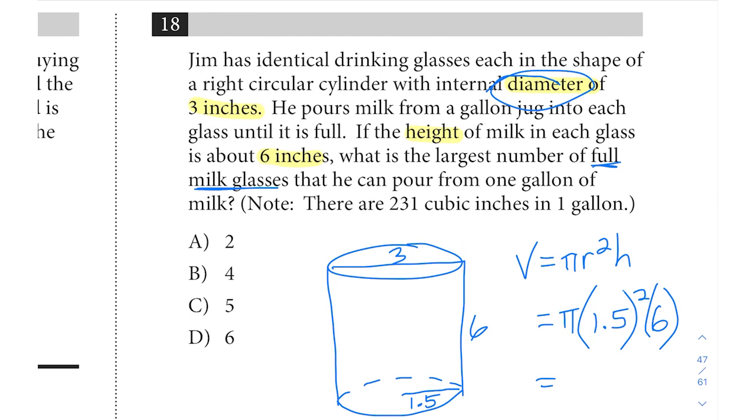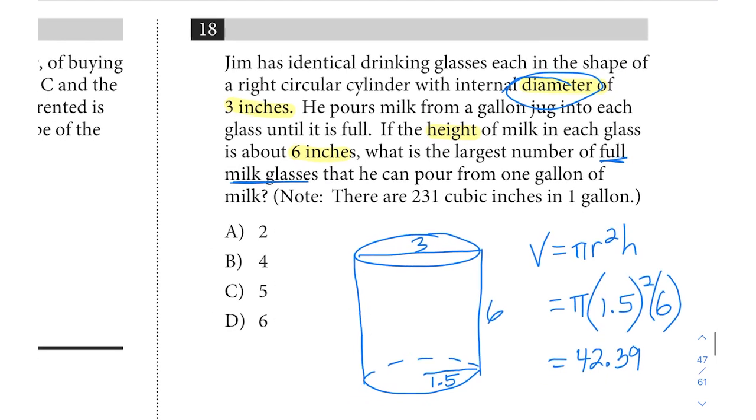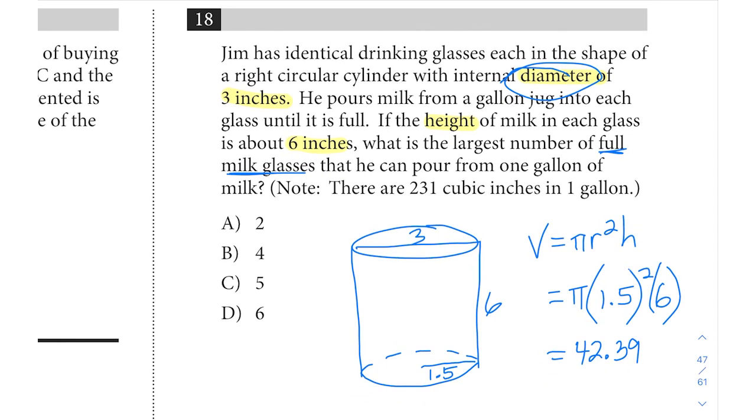When you multiply that out times pi, it comes out to a little bit of a messy decimal, about 42.39.